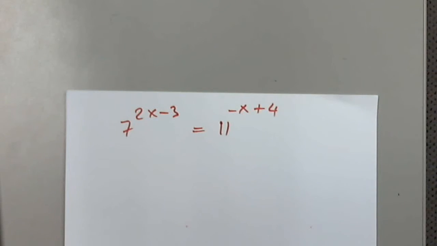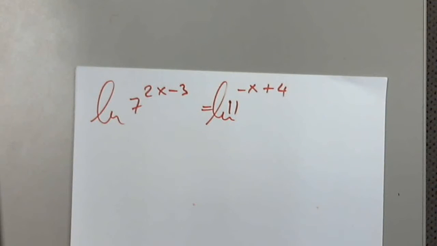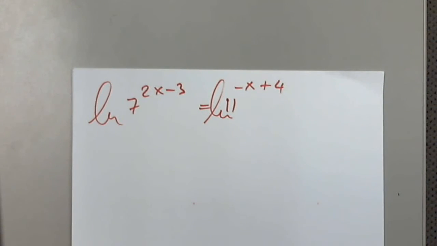My first question here is, what type of equation is it? Exponential. My second question is, can I represent 7 and 11 with the same base? No. So what is my only escape here? Either natural log or common log to both sides. Very good.